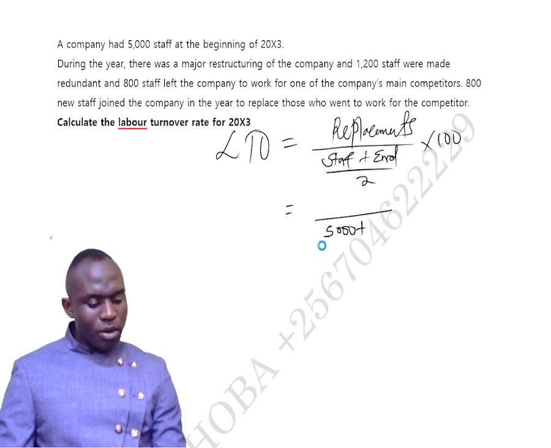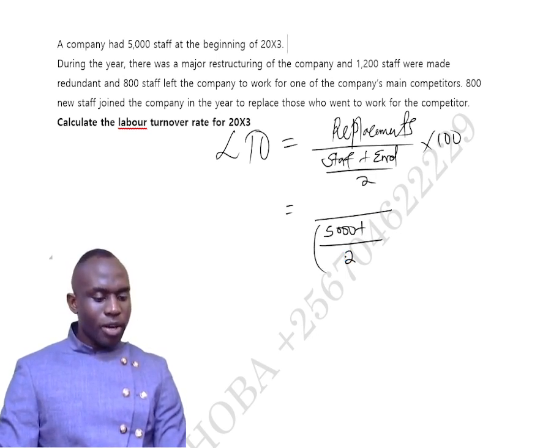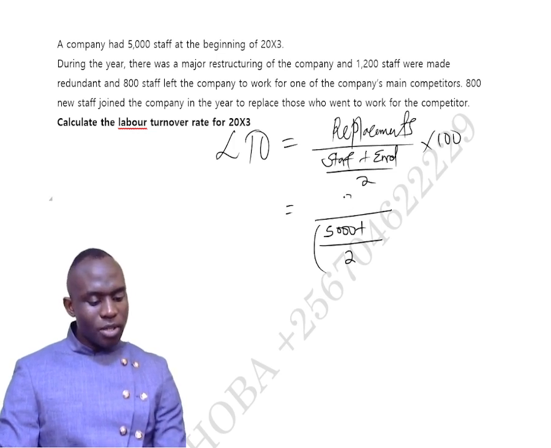Plus people at the end, we don't know, divided by 2. During the year, there was a major restructuring of the company and 1,200 staff were made redundant. And 800 people left the company to work for another company, a competitor, so 800 new staff joined. So our replacement is 800, those that joined.